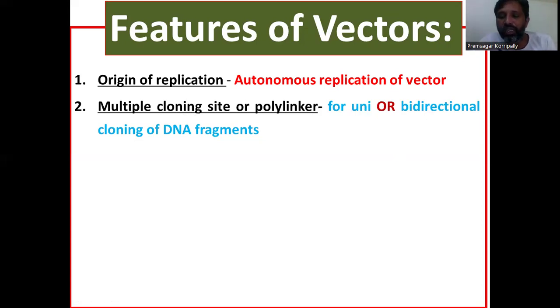Uni means you can use a single restriction endonuclease site, and bidirectional means you can use two restriction sites to clone, so that you have control over the orientation of the DNA fragment.